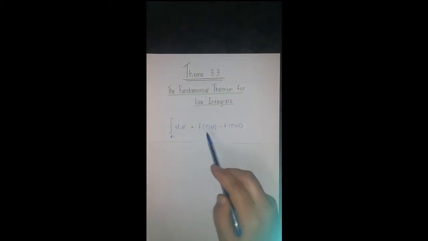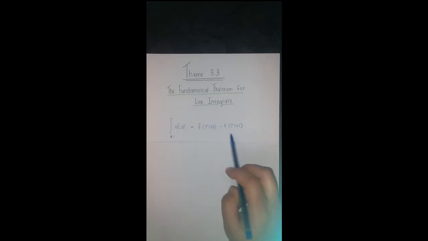Let's say your function is a function of x and y. Then if your line integral for your gradient vector field is done between a and b, the integral will be equal to the function at b minus the function at a.